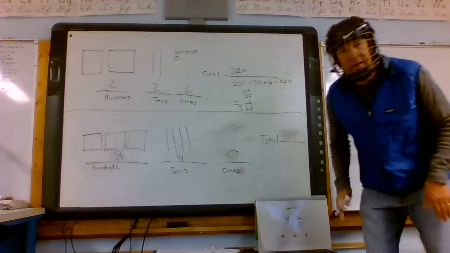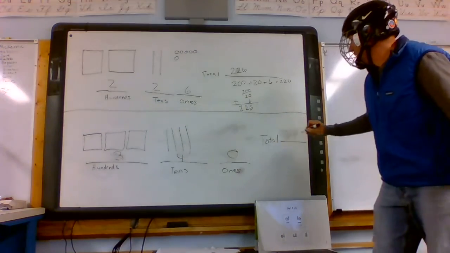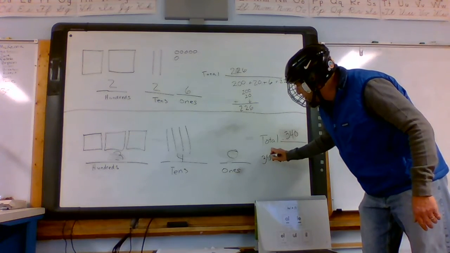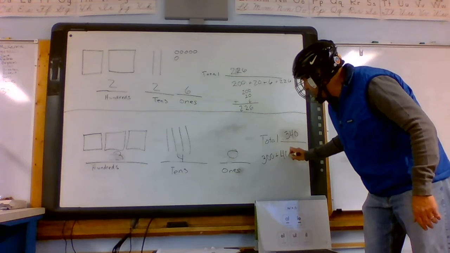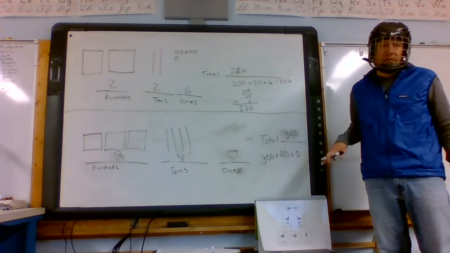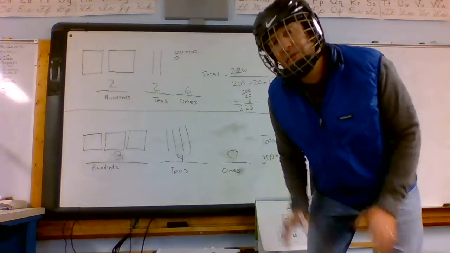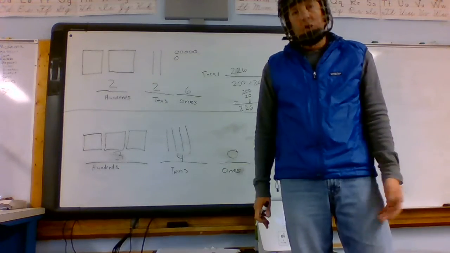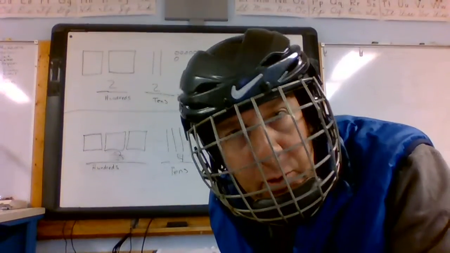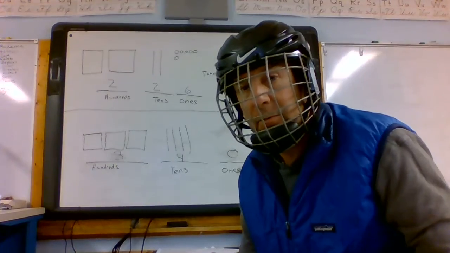Not 304, but 300, 10, 20, 30, 40. 340. You could write 300 plus 40 plus 0, or 300 plus 40 is just 340. So don't get 304 and 340 mixed up. Would you rather have 304 pieces of candy or 340 pieces of candy? I would rather have 340 because that's more, right?